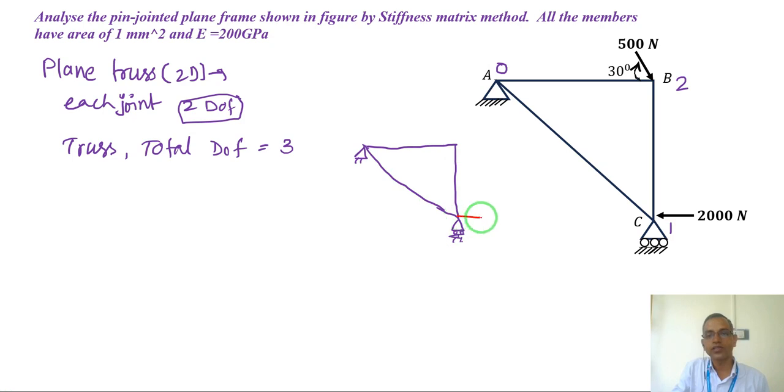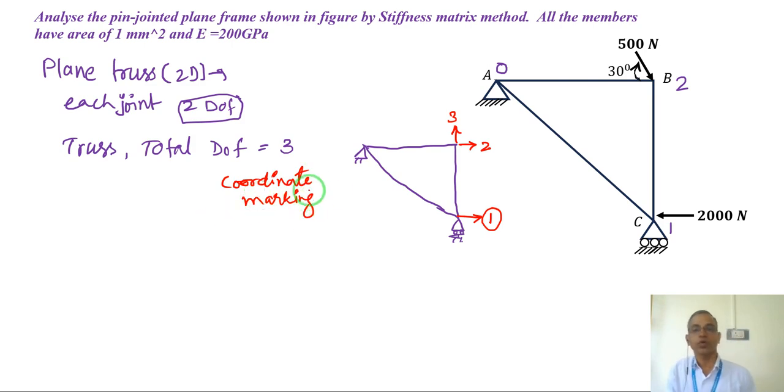I will take this as my 1st degree, here the 2nd degree, and this the 3rd degree. This is my coordinate marking. It is very important to do the coordinate marking, otherwise the entire problem can go wrong or the examiner cannot understand without marking the coordinates.